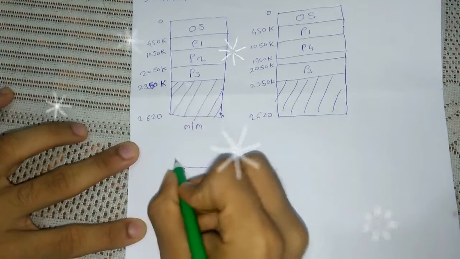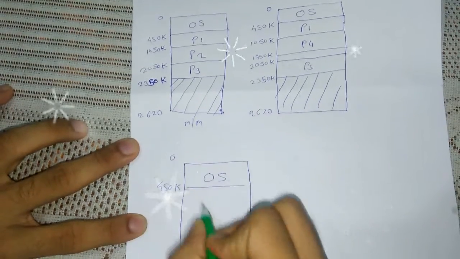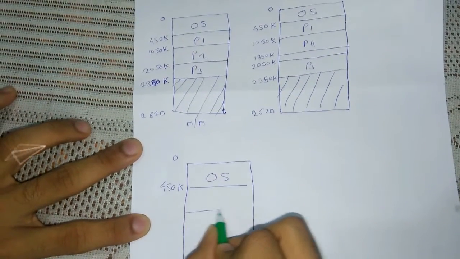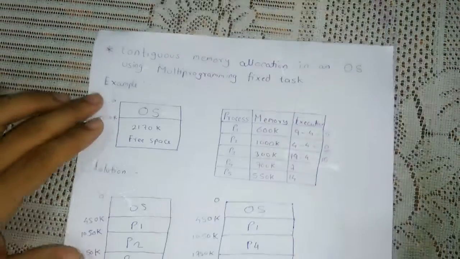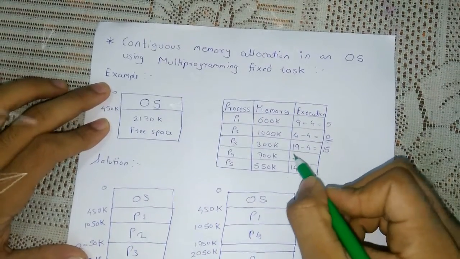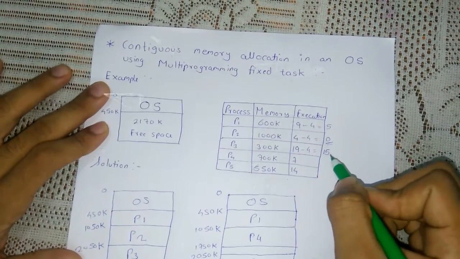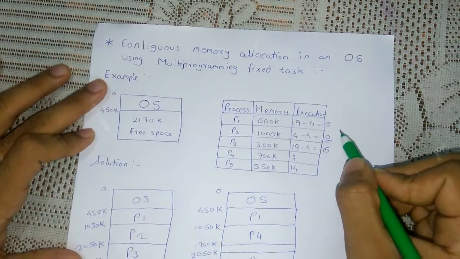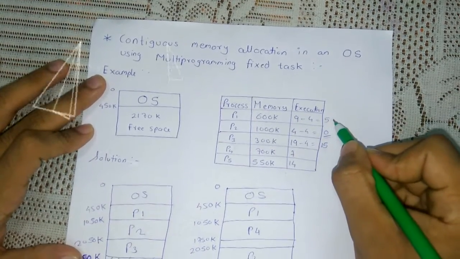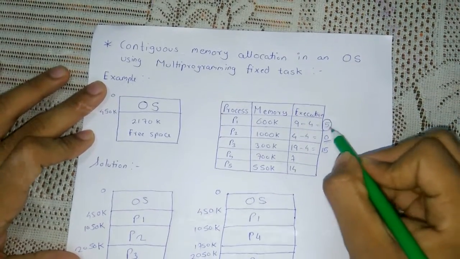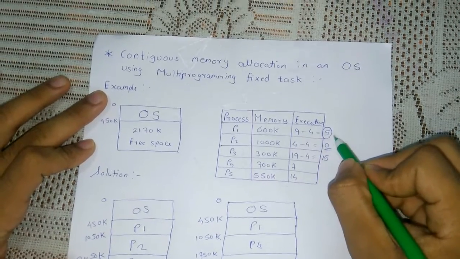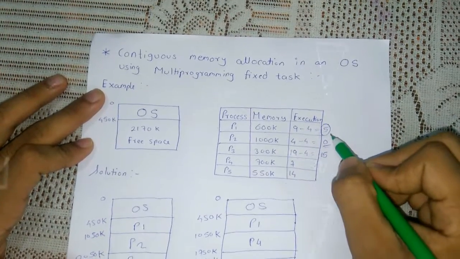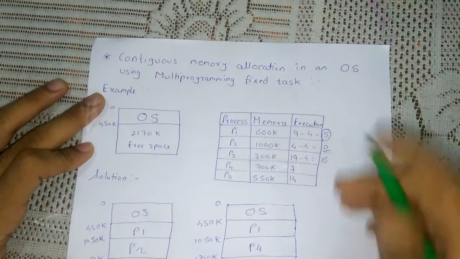This is the OS partition, 0 to 450. Consider this table. In order to swap out a process, let's again consider the smallest one. In this case, the smallest is P1, which has 5 milliseconds of execution time. So we have to swap out process P1.